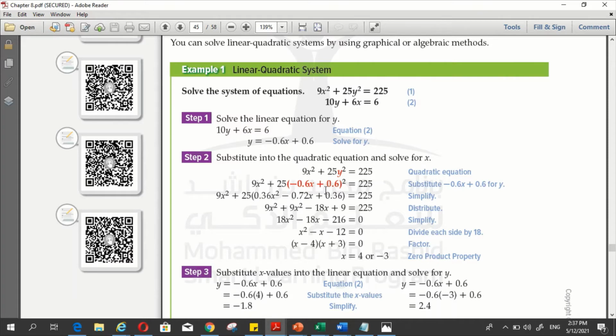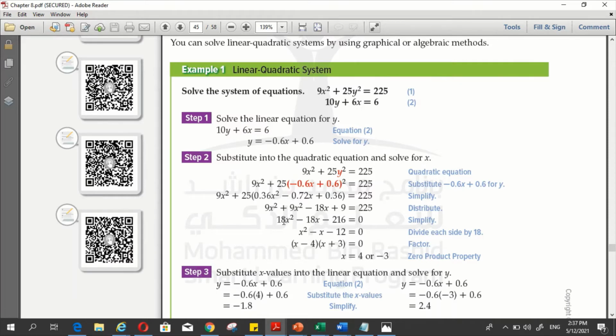Then I have a perfect square: the first squared, plus 2 multiplied by the first by the second, plus the second squared, which is 0.6 squared. Be careful once you are doing the perfect square, we still have 25 outside, so keep the parentheses, then enter the 25 by using the distribution property, multiplying it by each one of the terms.